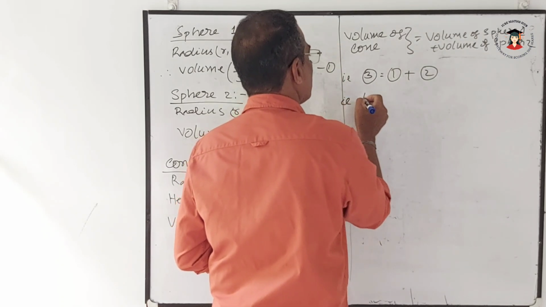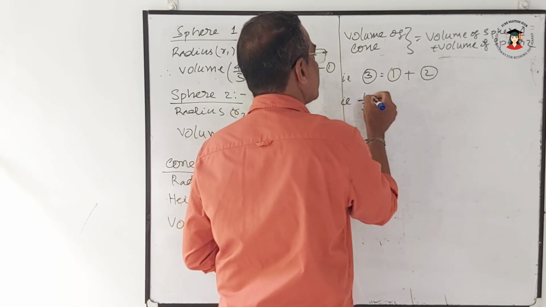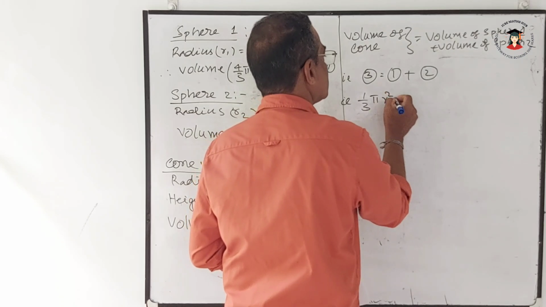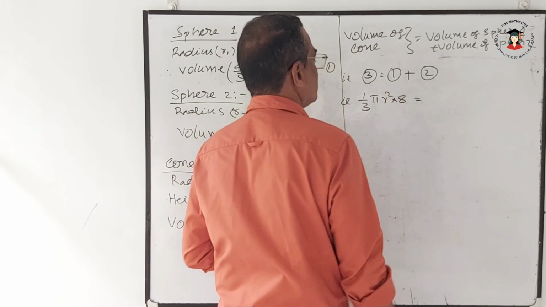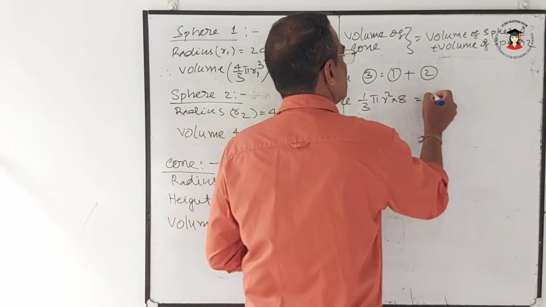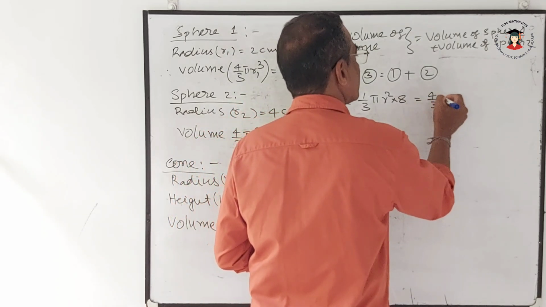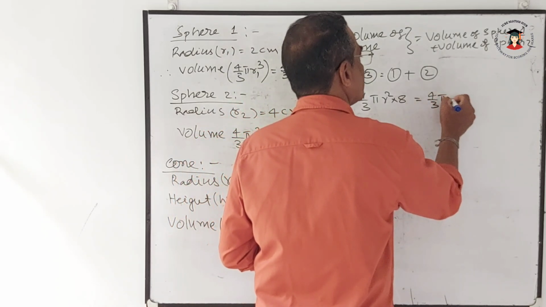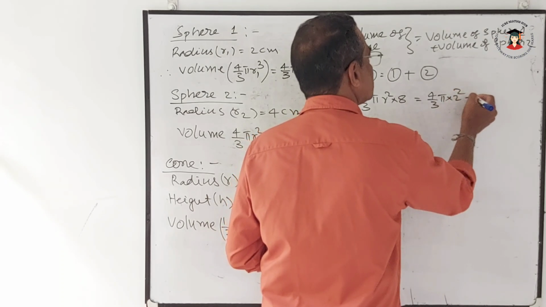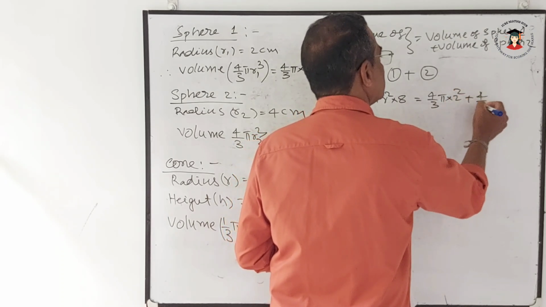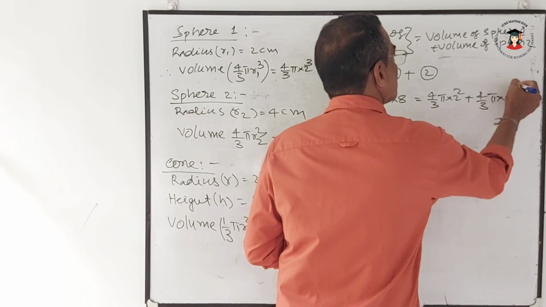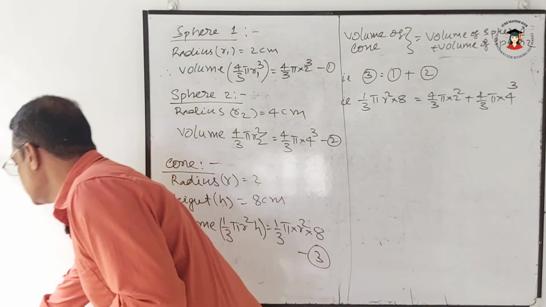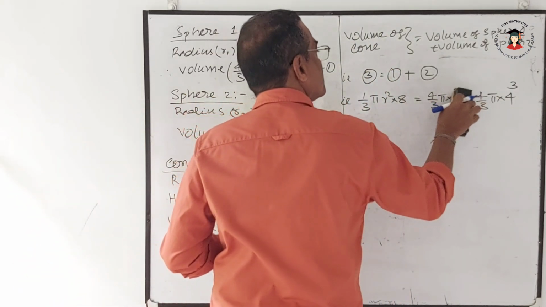That is 1/3 pi r square 8 equal to 4/3 pi into 2 cube plus 4/3 pi into 4 cube.